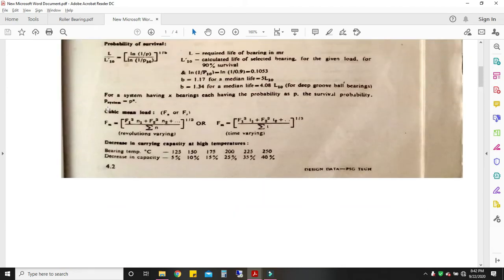Fm equals F1 cube into N1 plus F2 cube into N2, and it goes on, divided by the summation of N. In this formula, the speed is substituted in terms of revolutions. If life is given in terms of hours or time, we have to use the other formula. But for our problem, the speed is given in terms of revolutions, so we are going to use this formula.